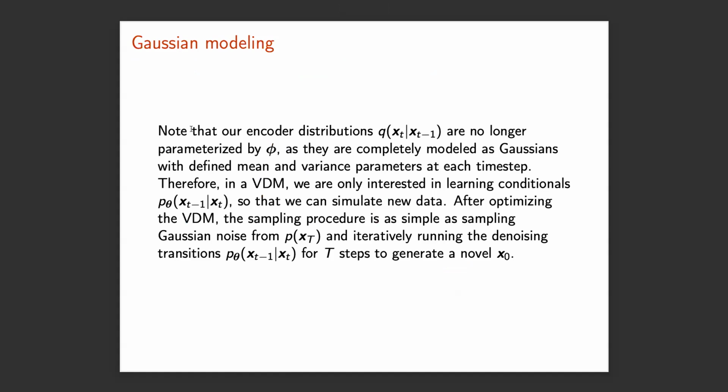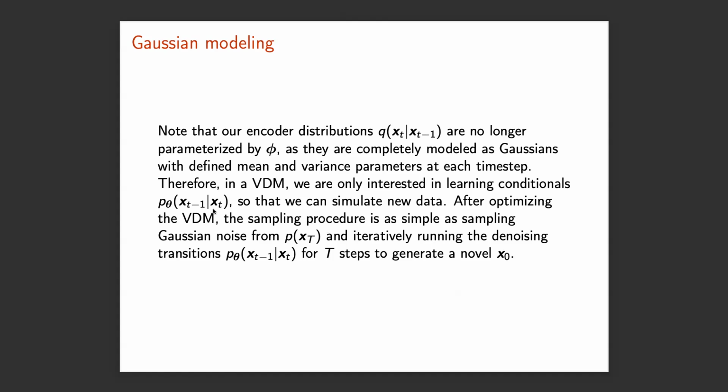Note also that these distributions are no longer parameterized by a variable phi. If you think back to variational autoencoders, we had a parameter phi, but here they are completely modeled as Gaussians with a defined mean value and variance at each time step. So in these variational diffusion models, we are only interested in learning conditional probabilities so that you can simulate new data.